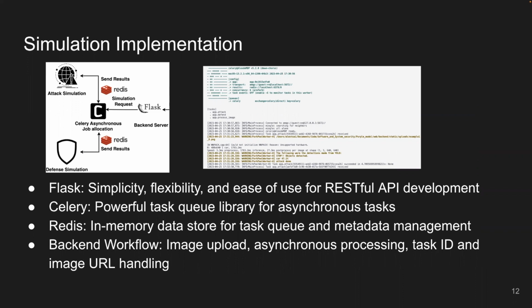The backend workflow includes the image upload, asynchronous processing, and handling the task ID and the image URL. So when the backend server receives the job from the front-end server, according to different requests, it will delegate to attack simulation or defense simulation. And after the queue is launched, the right-hand side will showcase how it works and log everything in the backend part.